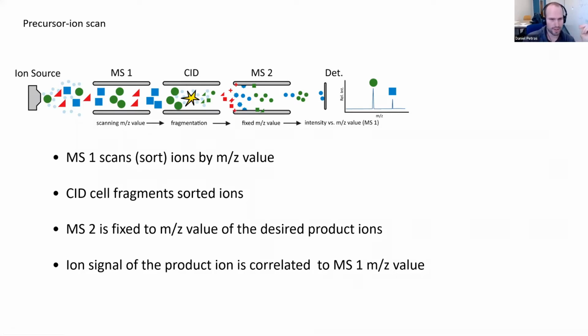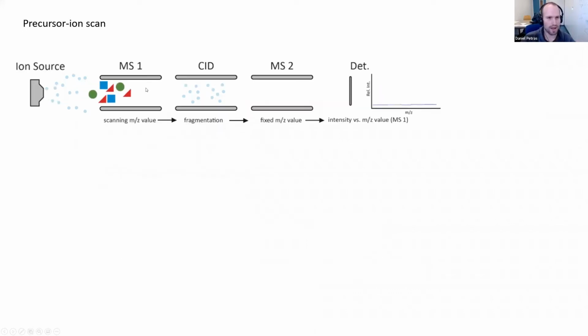Now in a precursor ion scan, if you set the MS2 mass spectrometer to only look for a particular mass, but you scan at the same time with the MS1, then you could determine molecules that result in a certain fragment and then obtain their molecular weight or their mass, right?